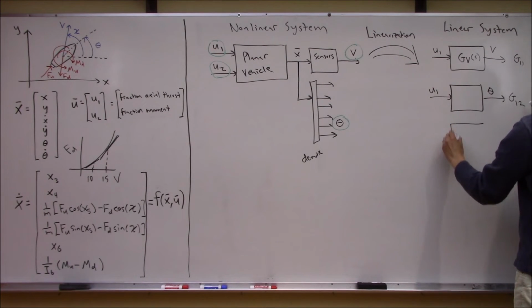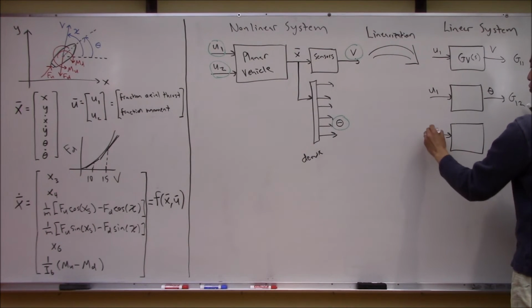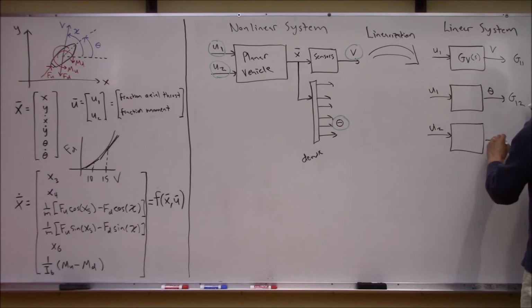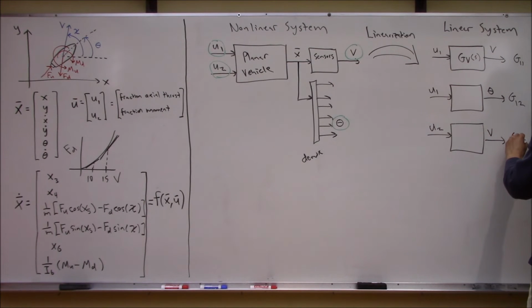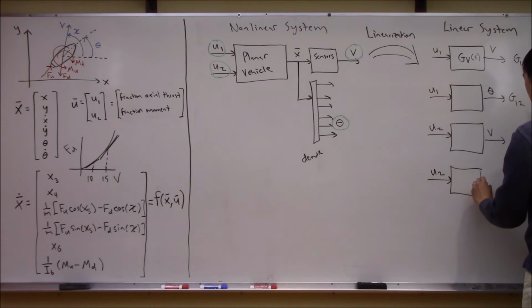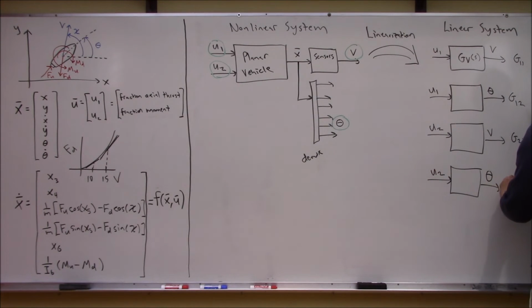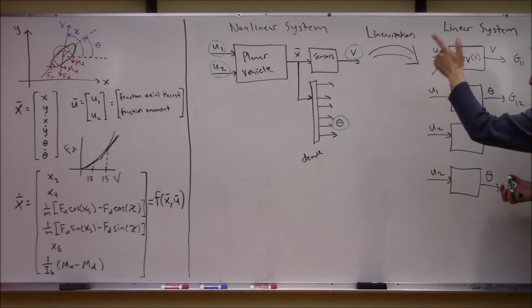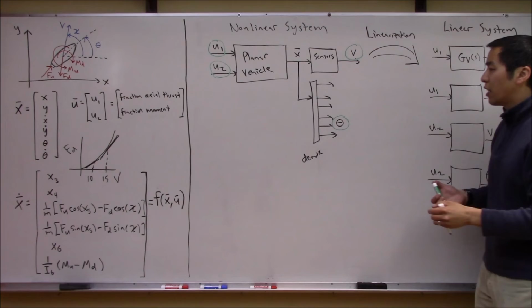Or I could look at the transfer function between U2 and velocity, which would be a G21. And finally, what is U2 to theta? This would be a G22. So we could be thinking about generating 4 separate transfer functions, or 1 linear state space representation, however you like to think about it. But it's really simple to do this using the linear analysis tool.